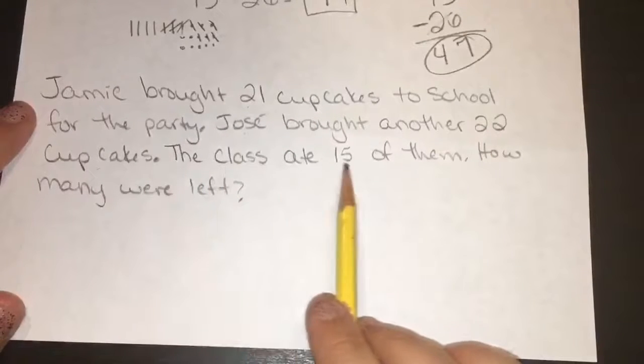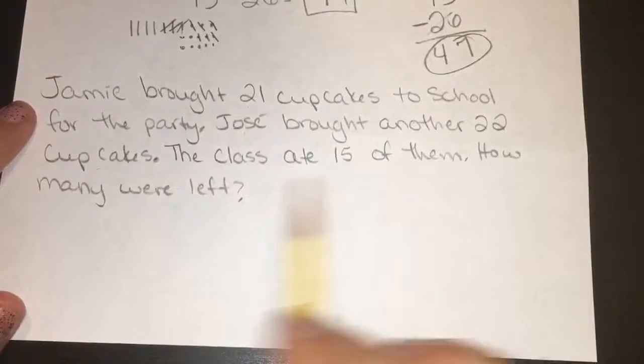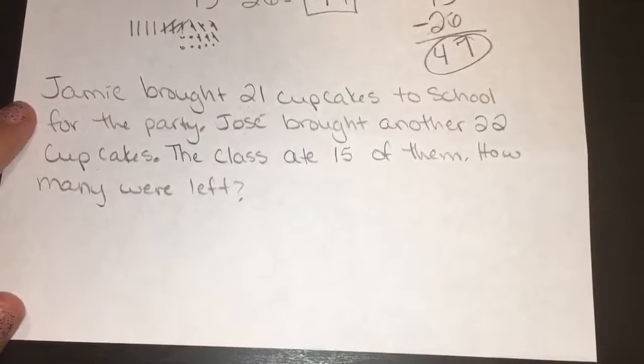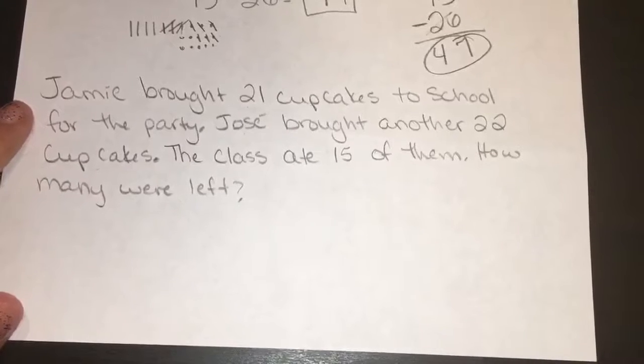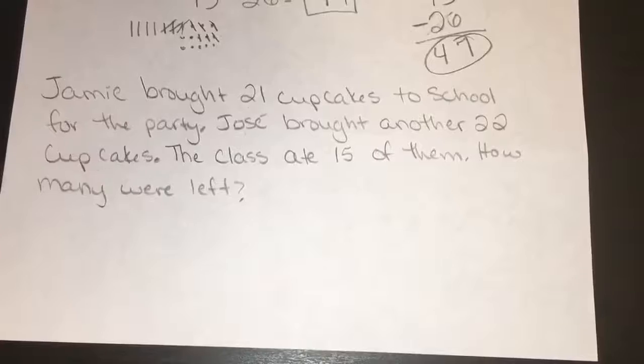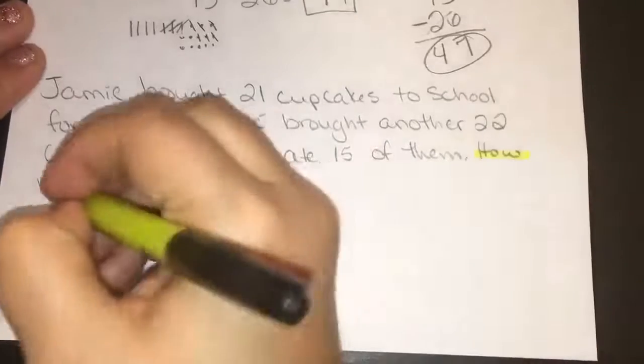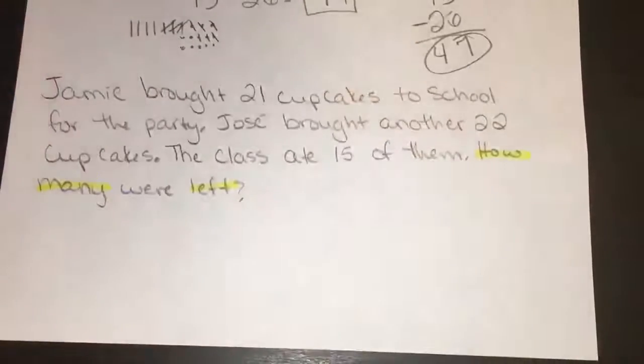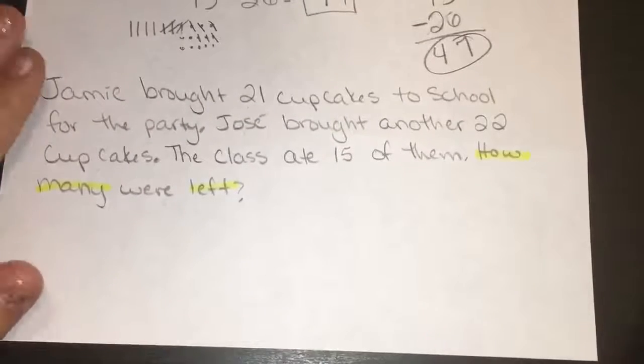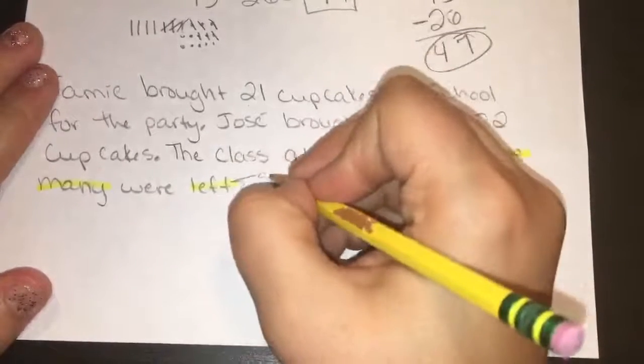The class ate 15 of them. How many were left? Oh wow, there's more to it. So our end goal is to find out how many were left. So we will end up doing subtraction, correct?